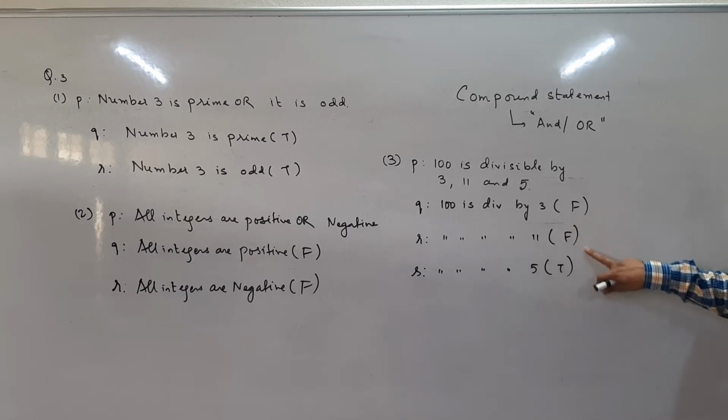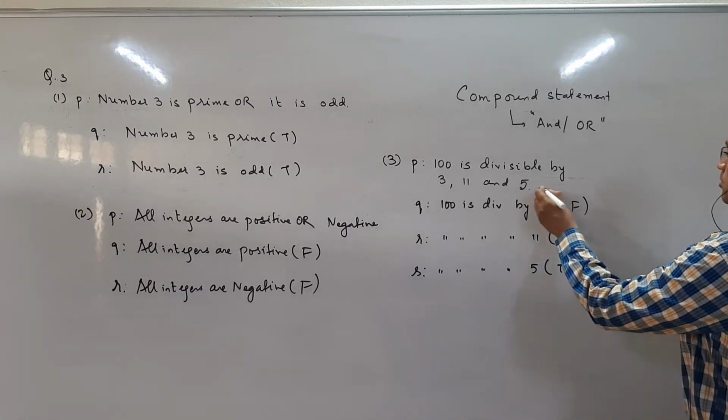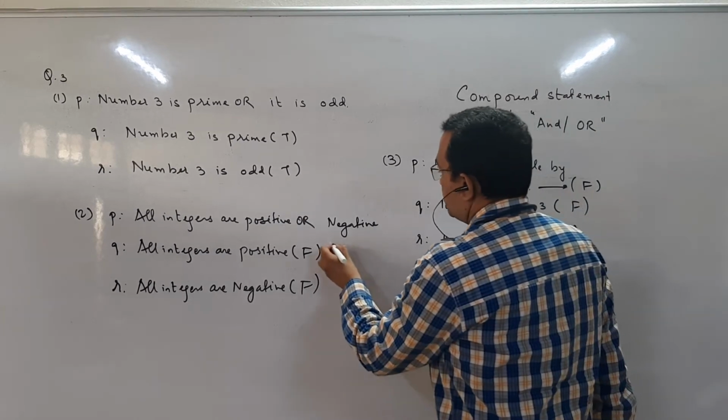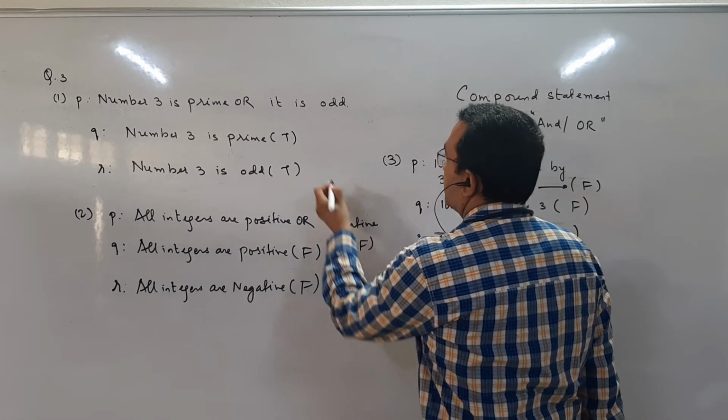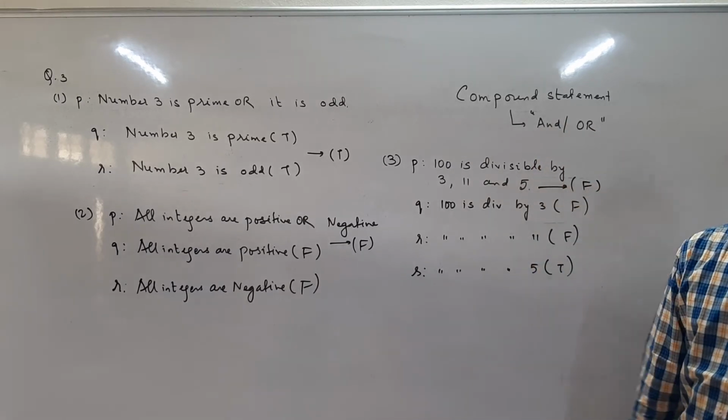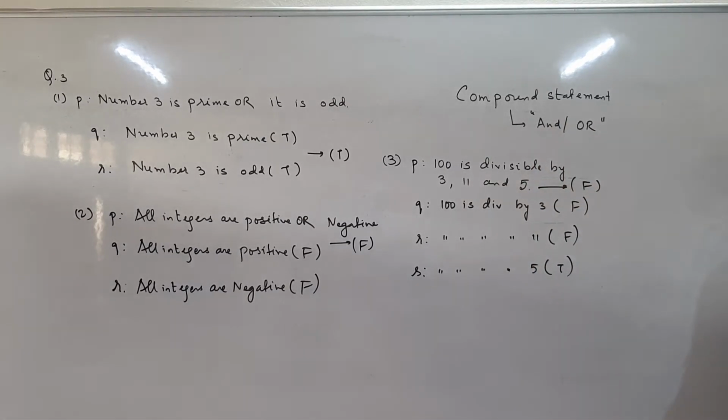Q, R are false, S is true. So the total statement is false. The compound statement will be false. Here the compound statement is false and here the compound statement is true. So depending upon the truth values of component statements, we have to decide the truth value of the compound statement.